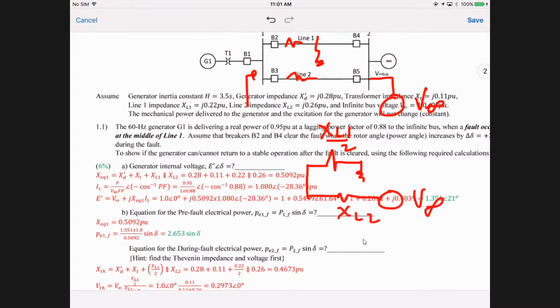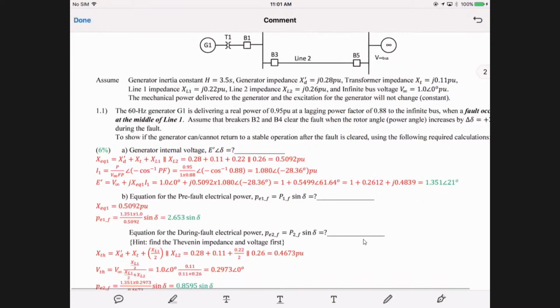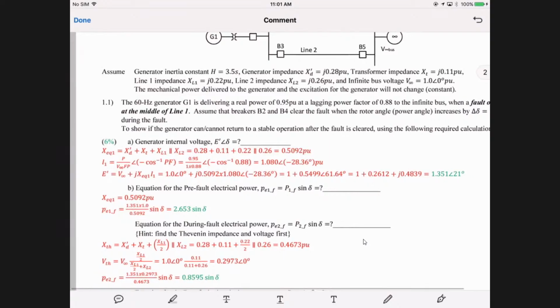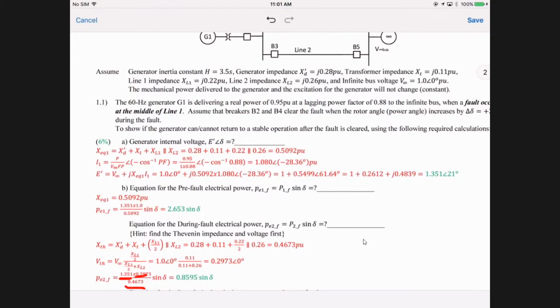You want to find what is the voltage here. It's just a voltage divider. This divided by the sum of this. Then the two voltages multiplied together, divided by the impedance in between, and the sine of this angle.